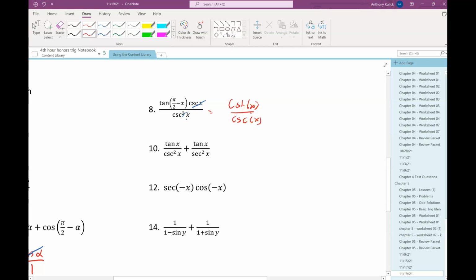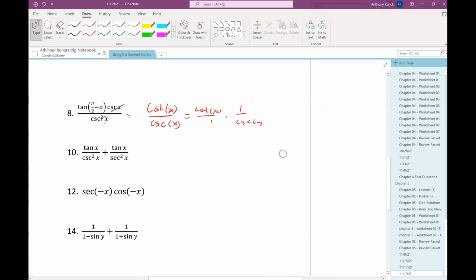Okay, so you only want them in their simpler forms too? So this can go further. I would think about this now as 2 separate fractions. Think about it as the numerator over 1 times the 1 over the denominator. The reason I'm going to do that is because cotangent I can write as cosecant x over secant x.